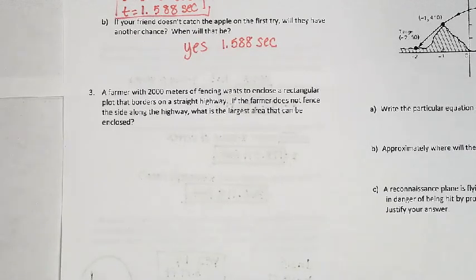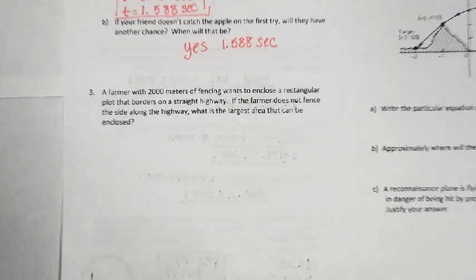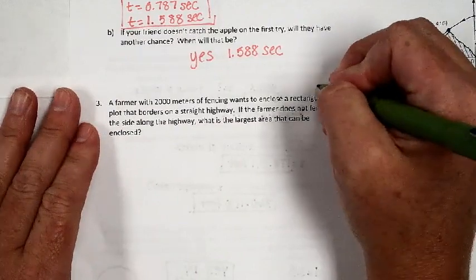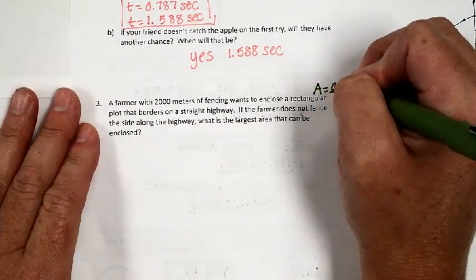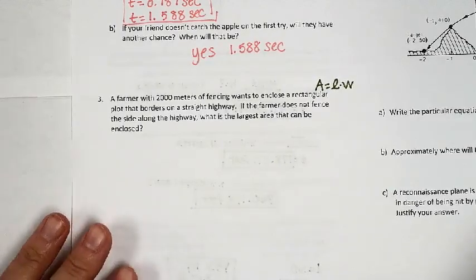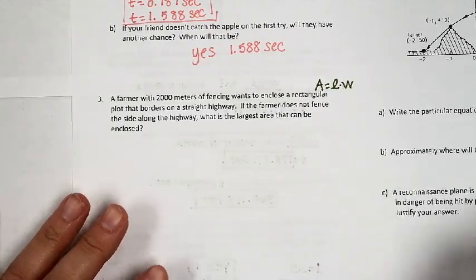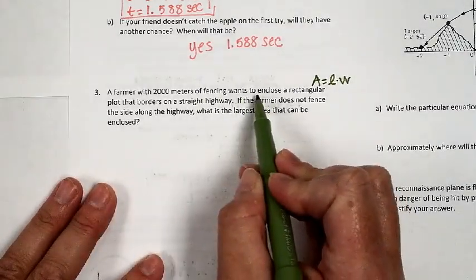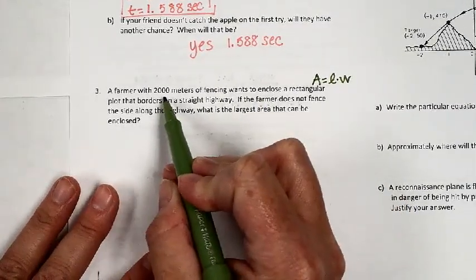So, area is length times width. Let's draw a picture here. He wants to enclose a rectangular plot that borders a straight highway. So here's my highway.